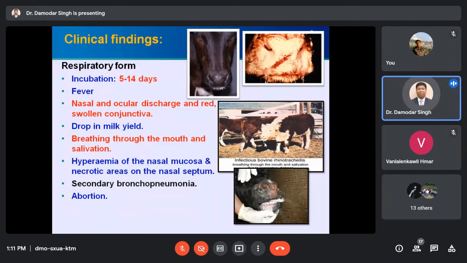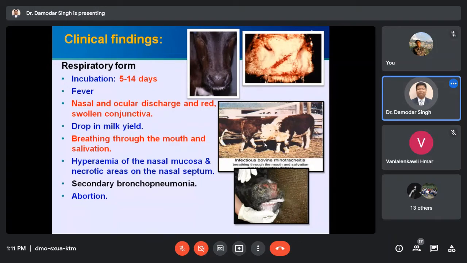Then hyperemia, that means congestion of the nasal mucosa, will be there, and necrotic lesions. Some necrotic areas can also develop on the nasal septum, the partition between the nasal cavities. There, some necrotic lesions can develop, right?